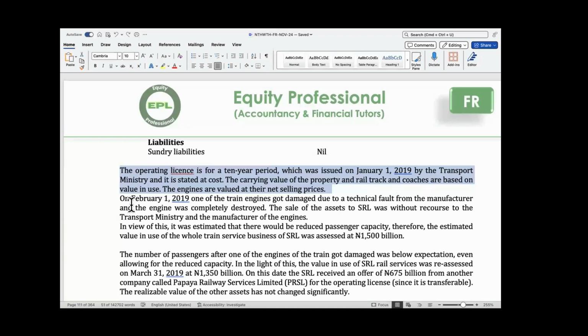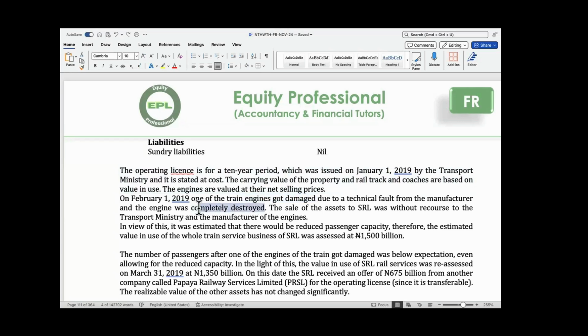Okay, that's in January. Now, the next paragraph, that's February. On February 1st, 2019, one of the train engines got damaged. That's an indicator of impairment. One of the train engines got damaged due to a technical fault from the manufacturer, and the engine was completely destroyed.